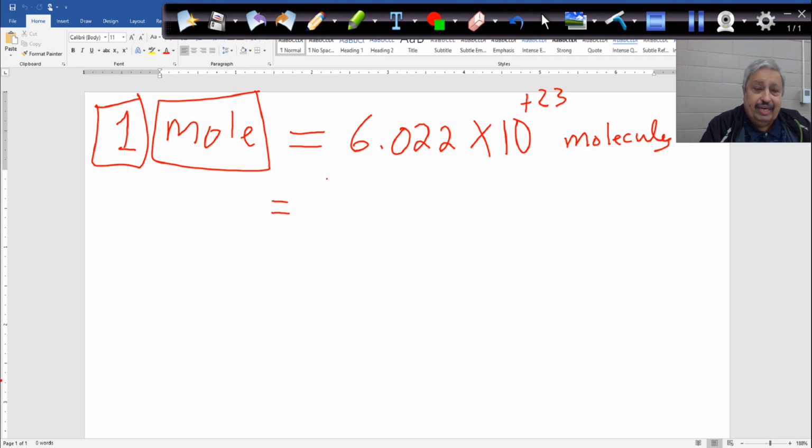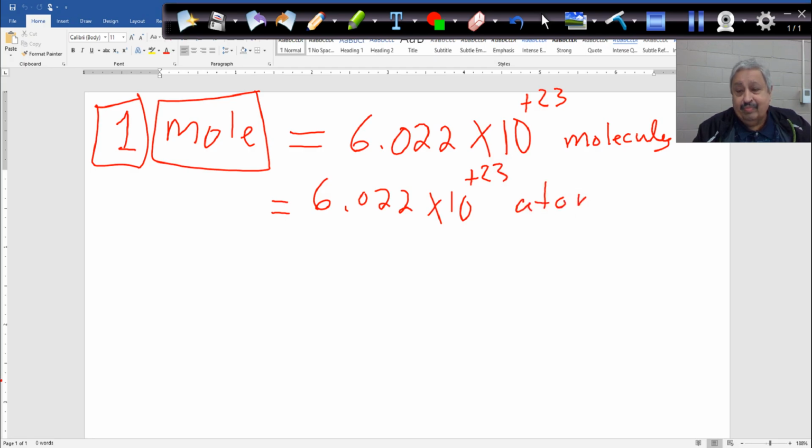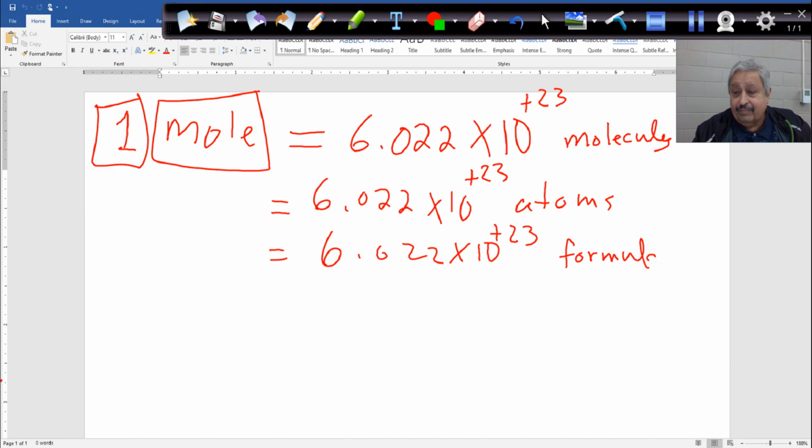The mole is again 6.022 × 10^23 atoms. 6.022 × 10^23 formula units, or sometimes we call them ions.